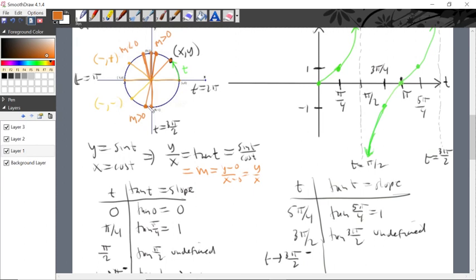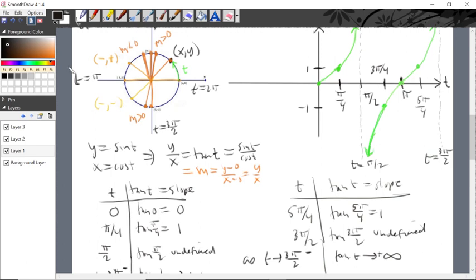It's going to be steeper and steeper the closer we get to where t is 3 pi over 2. So as t approaches 3 pi over 2, the tangent of t would be approaching positive infinity, as we see here in this graph.